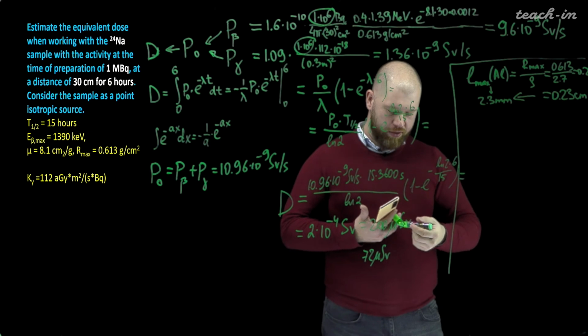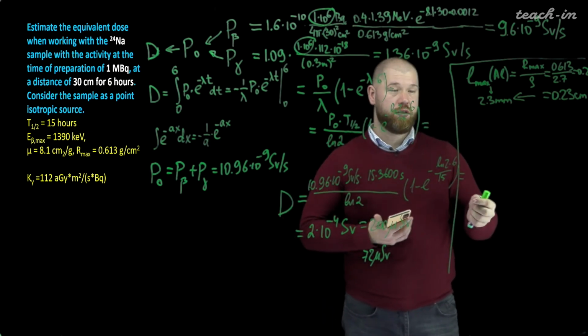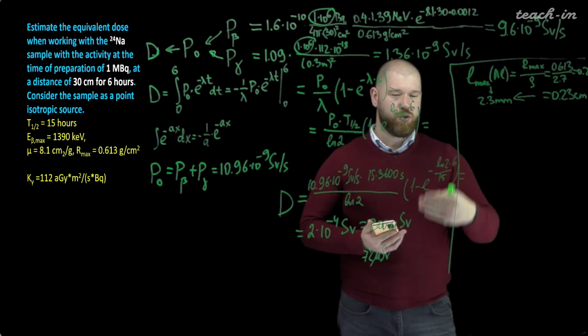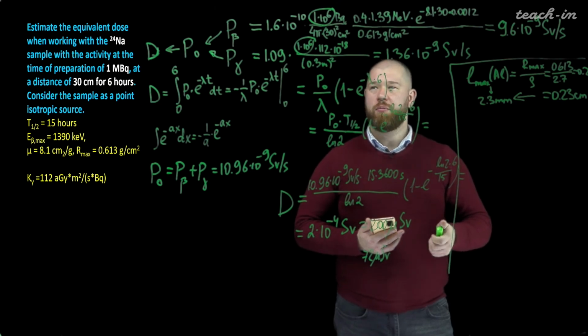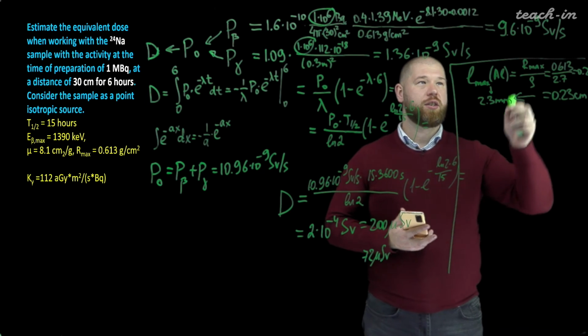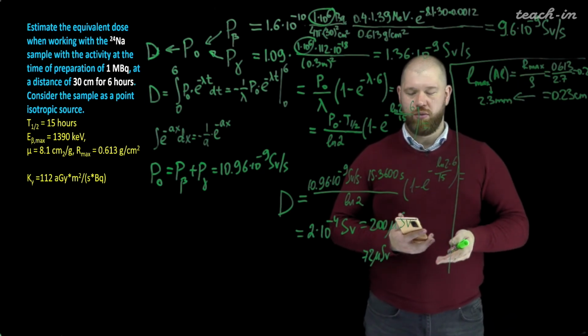That means if I take an aluminum shield with a thickness of, let's say, 3 millimeters, it will be enough to stop completely all the beta particles that are emitted from this source. And thus we will reduce, let's say, 90% of all the dose rate.